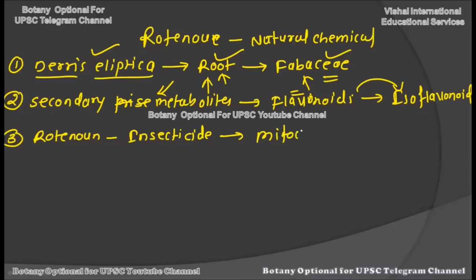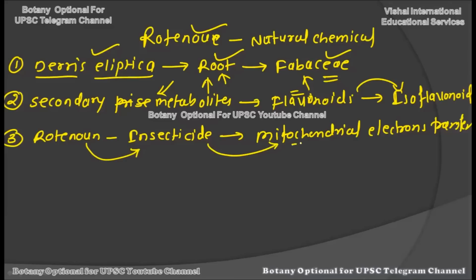Carefully remember that the mitochondrial electron transport system is disturbed by rotenone, and hence these insects get killed. So rotenone is very famous for its insecticidal properties, and as it interferes with the mitochondrial electron transport system, it readily kills the insect.